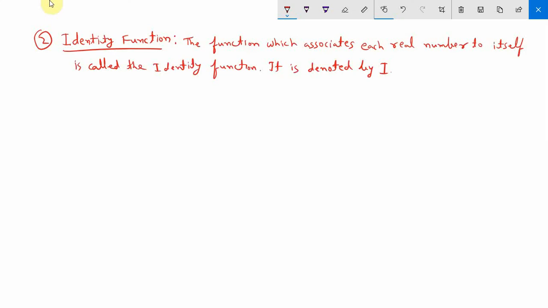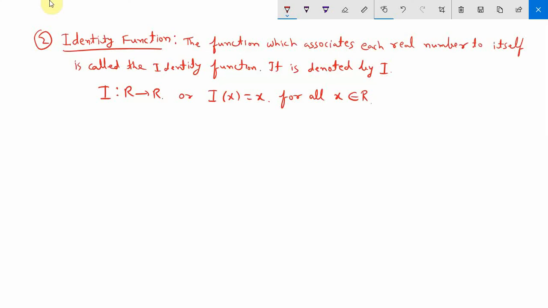So we can represent this function as I from R to R. Or we can write I of x equal to x for all x is an element of R. Okay. So this function is identity function.